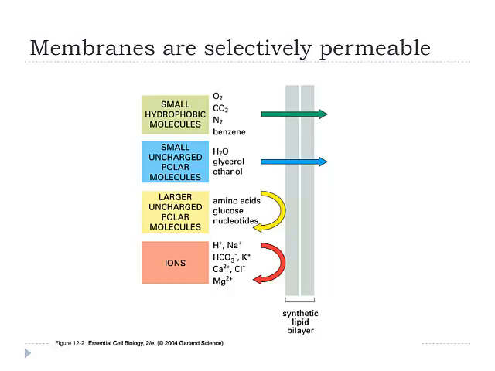So small molecules, gases like oxygen, carbon dioxide, nitrogen, small molecules like benzene, even water, even though it's polar, can get across the membrane lipid bilayer, and small molecules like ethanol and glycerol, even though they are polar, they're not charged, and so they can slowly get across the membrane.